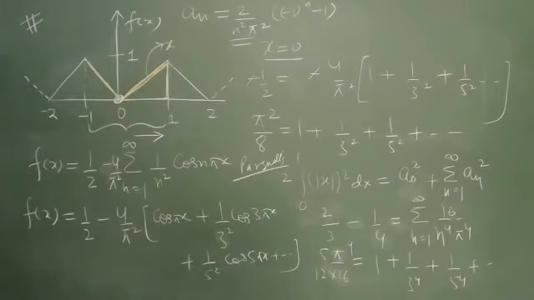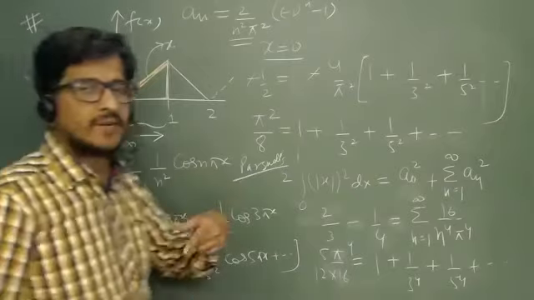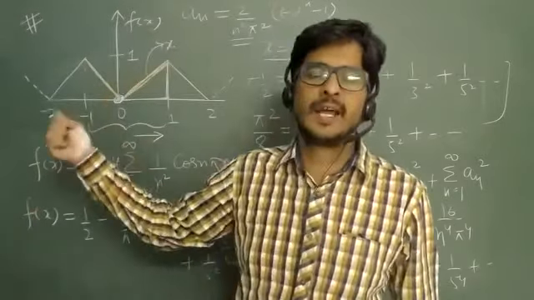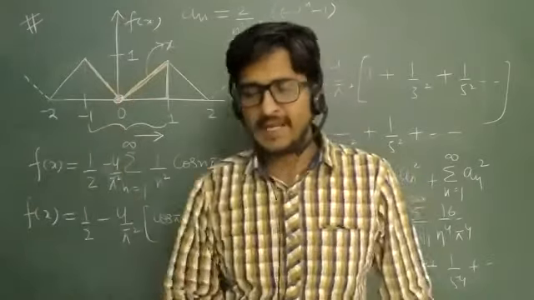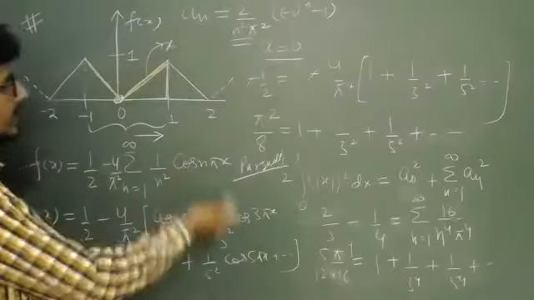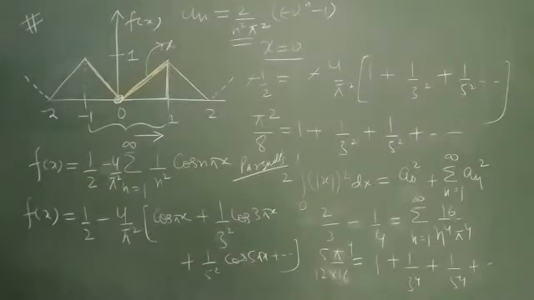Is this okay? So this is the complete question. I have done everything in this question, starting from applying even odd, then the coefficients, then the series, and then Parseval's. If there is doubt at any step, please feel free to come in.